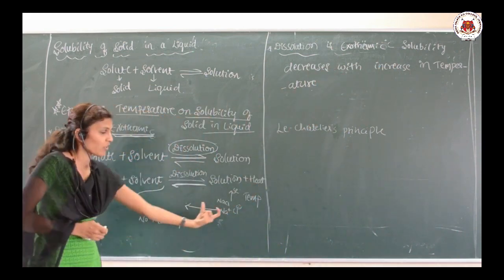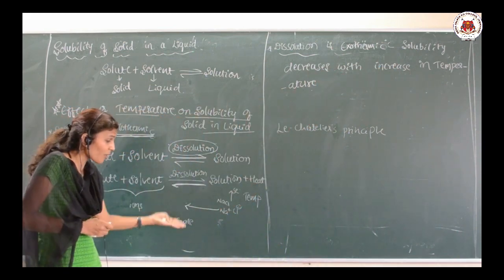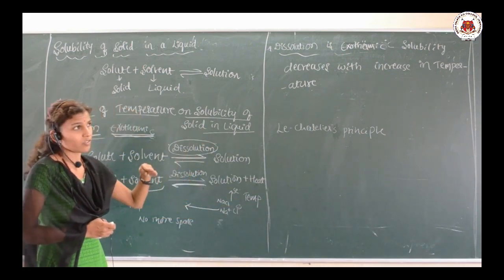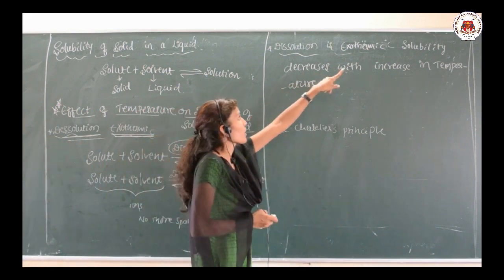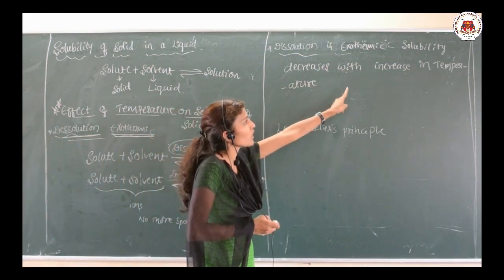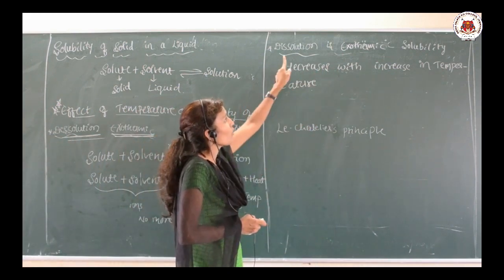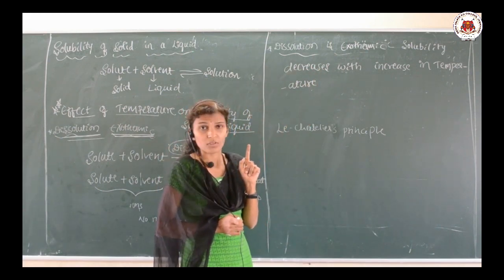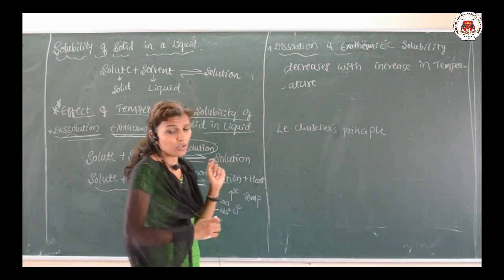Here, no space for the solubility of these ions. This solubility decreases with increase in the temperature. So we can say that the solubility decreases with increase in the temperature when the dissolution is exothermic.